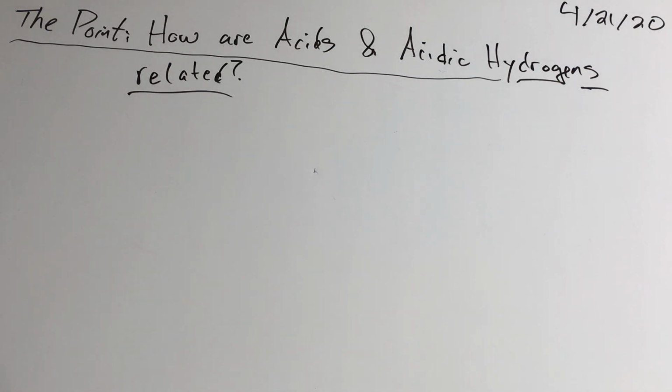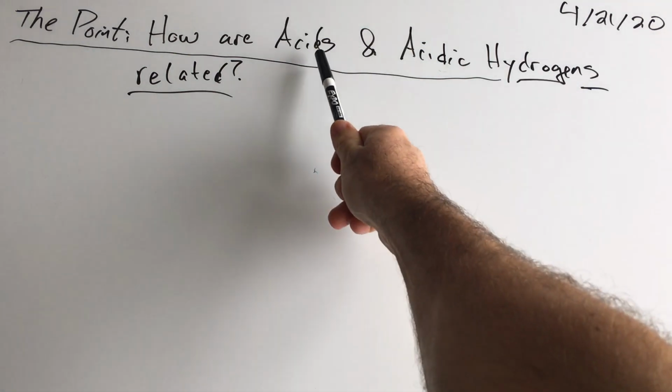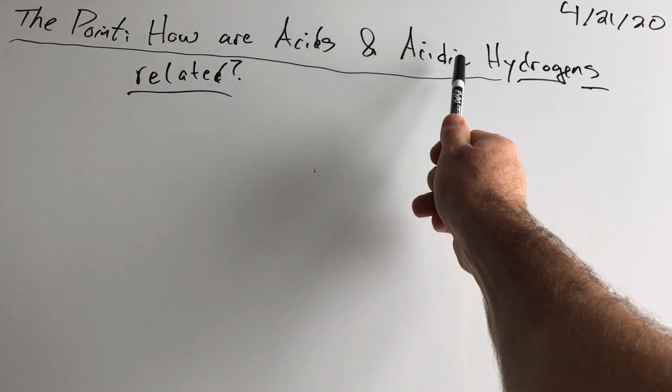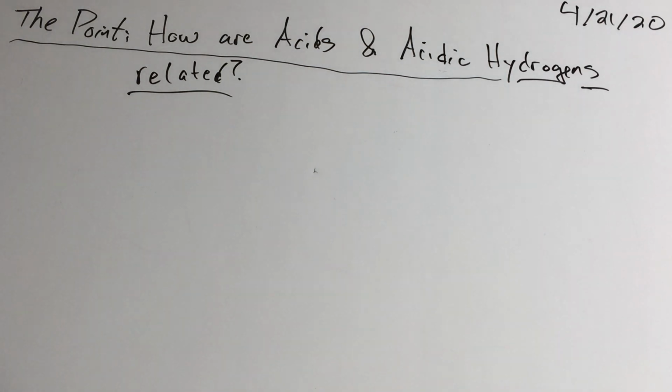Well, looking at that, I go, well, I already have a definition of that. I took that yesterday. So there's probably only one term, acidic hydrogen. So let's just bang that term out right now.